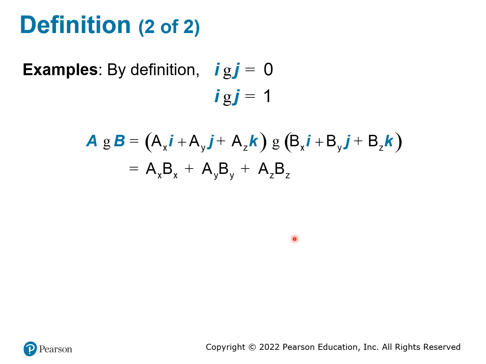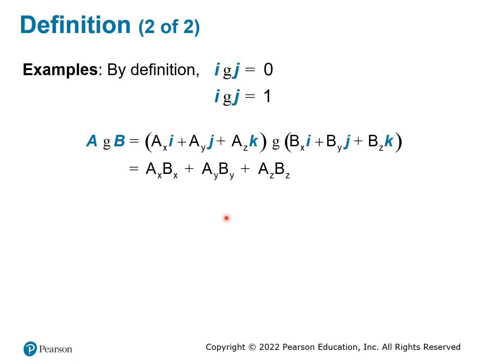One of the special situations that we want to consider is if you have two vectors i and j. This g here is a typo, there should be a dot here. So if you have i dot product with j, which is like the x direction dot product with j, what is the angle between these two, i and j? It is 90 degrees.